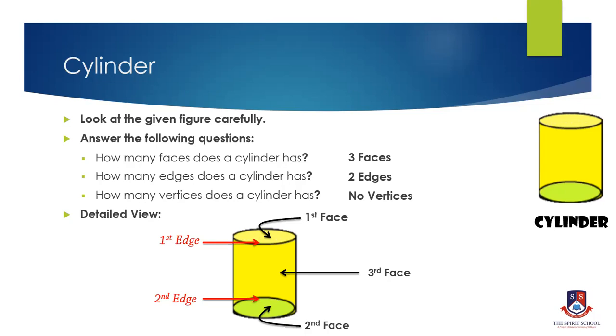And when a corner is formed, we call it a vertex. And vertices is basically the plural of vertex. For example, one is a vertex and two or more we call vertices. So in a cylinder, there is no point where 3 edges meet each other. There are no corners, so we can say that there are no vertices in a cylinder.